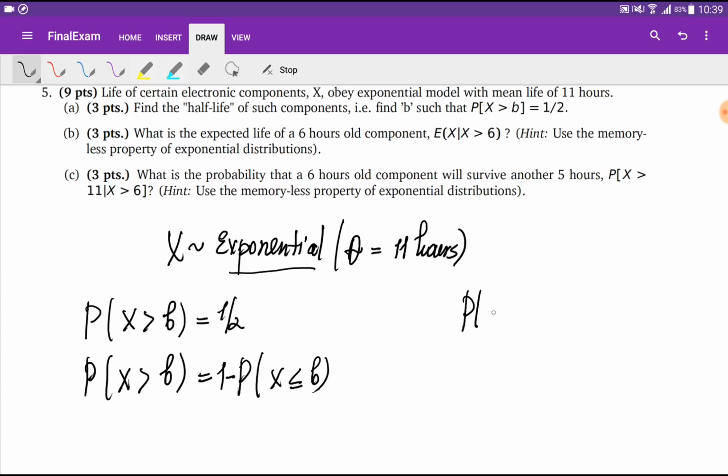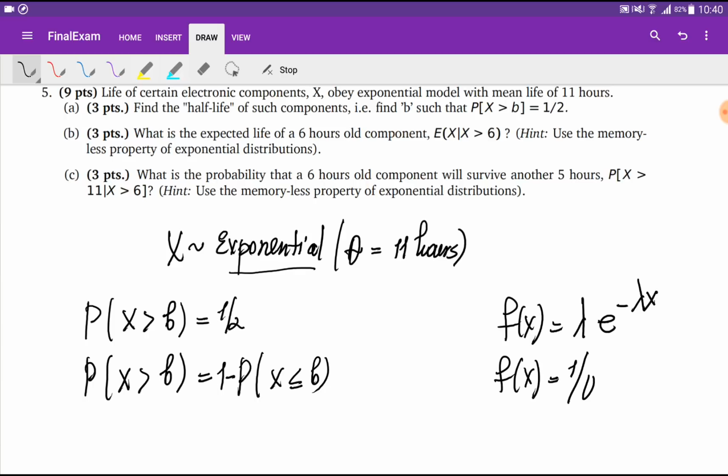The density function of the exponential distribution is lambda e to the power of minus lambda x, or we can write this with theta. It's going to be 1 over theta e to the power of minus x over theta.